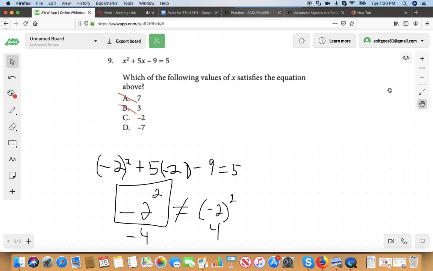Does that make sense? If the minus sign is outside the parentheses, or if there's no parentheses there, that means 2 squared, but it's negative. 2 squared is 4, so it's negative 4. But here it's negative 2 times negative 2, which is positive 4. Does that make sense? Yeah. Okay. All right. Just be aware of that.